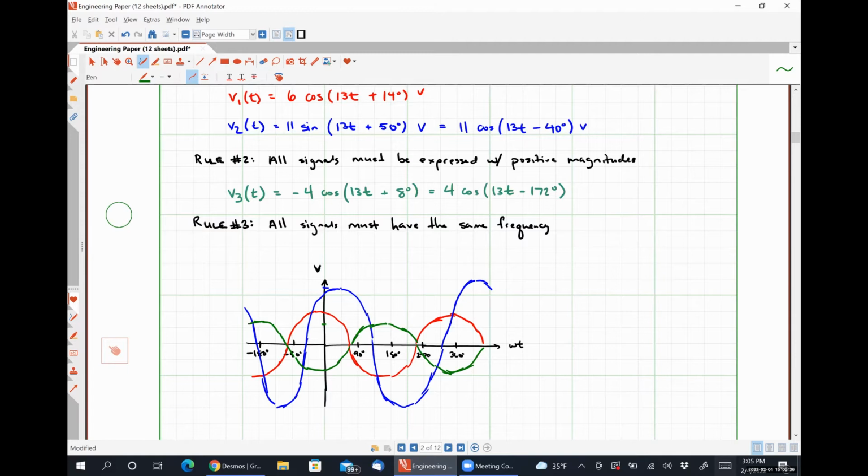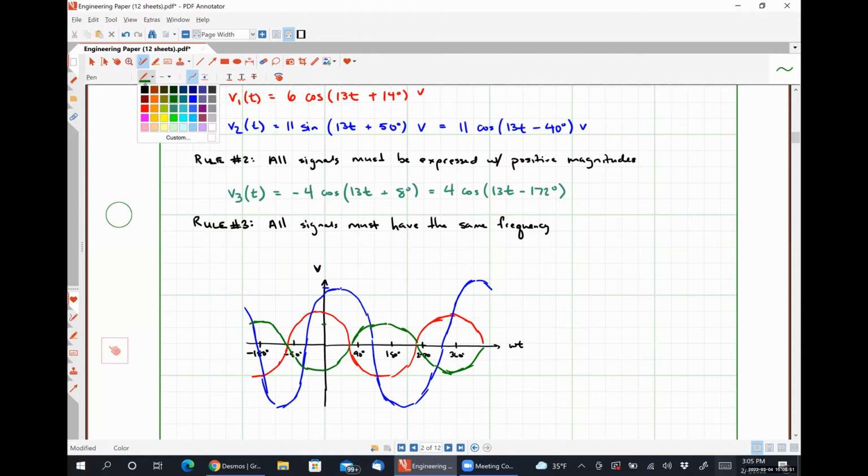Okay. But I want to explain what the concept of leading or lagging is for these actual sinusoidal representations, because we're going to be doing labs where we're asked to determine which signal is leading the other. Okay.